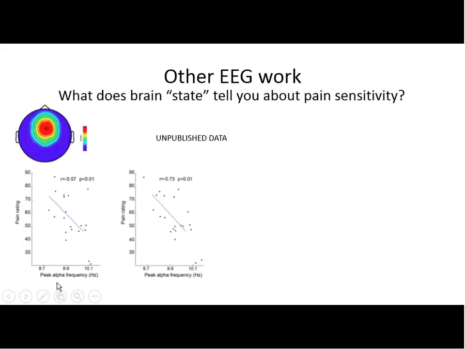So we're looking at a metric called alpha frequency, which is sort of an easy metric to use and has been linked both to basic pain and to chronic pain. In chronic pain, the alpha frequency shifts lower in frequency, and after resolution of the pain through nerve block, it will shift back.